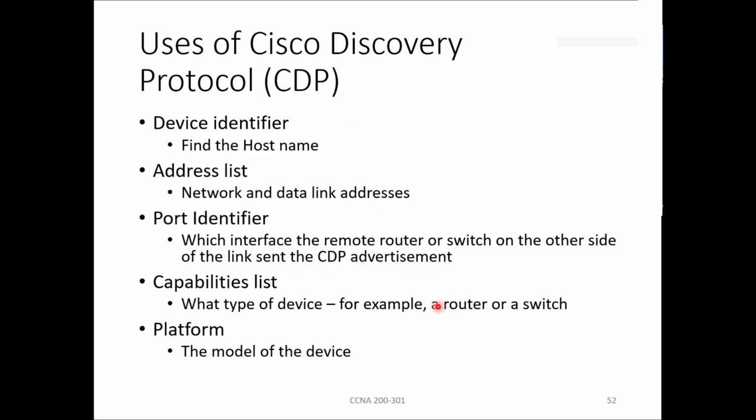So by looking at the CDP command, we'll be able to see the port information for the other devices. Capabilities: what type of device it is. For example, it could be a router or switch, and it also shows the model of the devices.